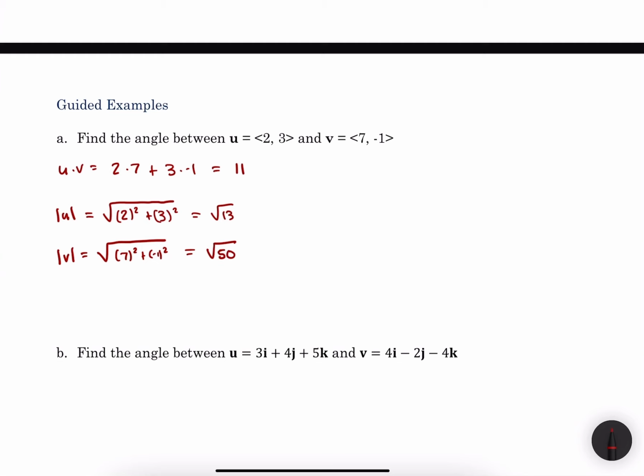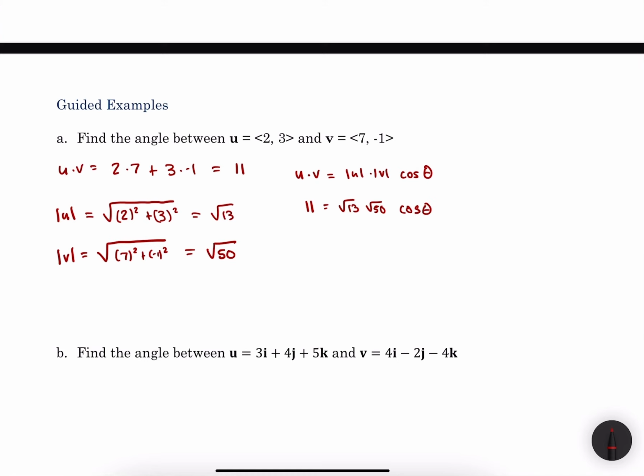So what we know is, our dot product u times v equals the magnitude of u times the magnitude of v times cosine theta. So we know u times v, that was 11, the scalar product. So 11 equals the square root of 13 times the square root of 50 times cosine theta.